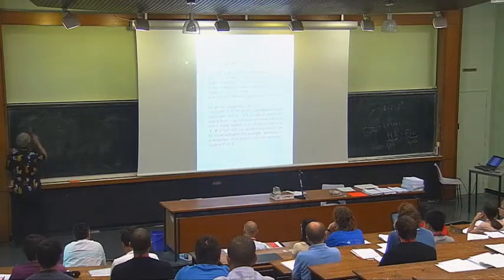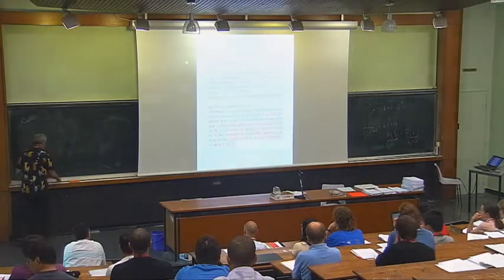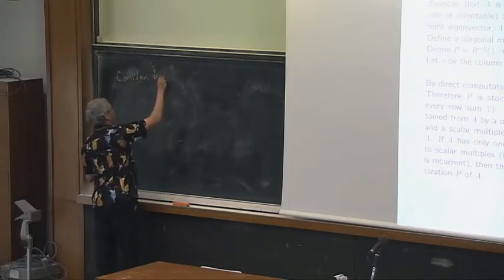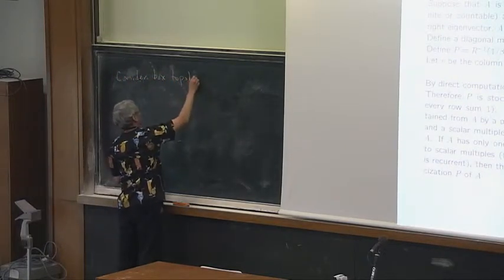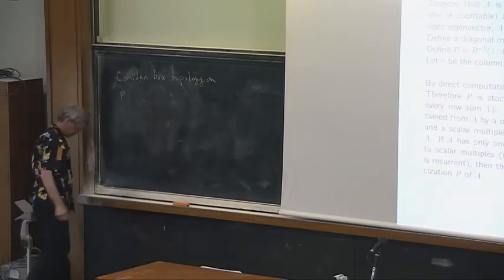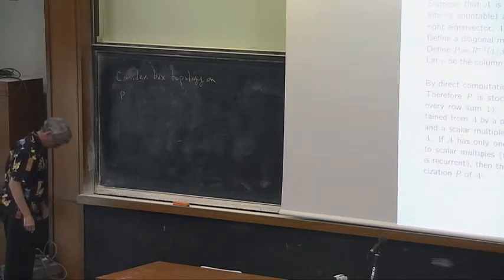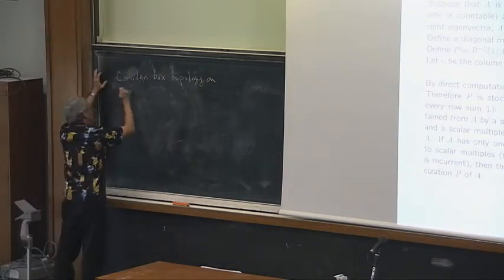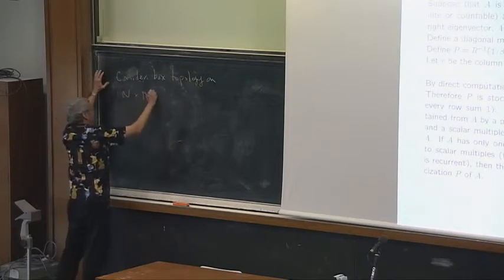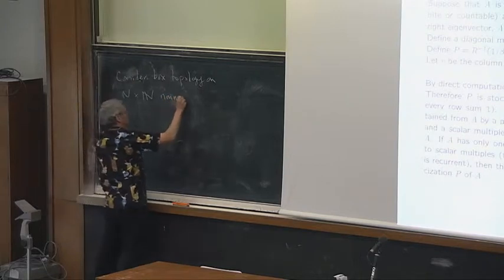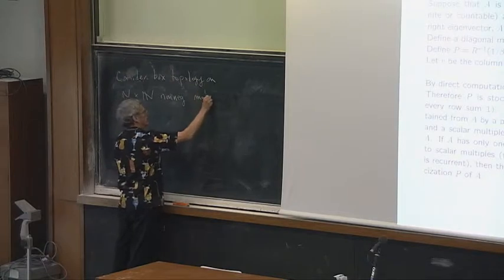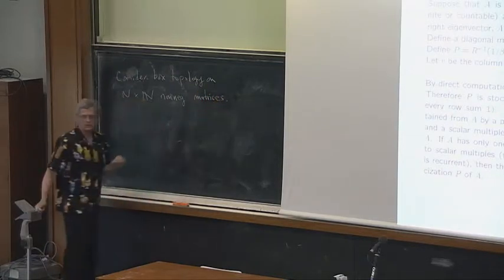So we can consider the box topology on natural numbers by natural numbers non-negative matrices. So what's the box topology?